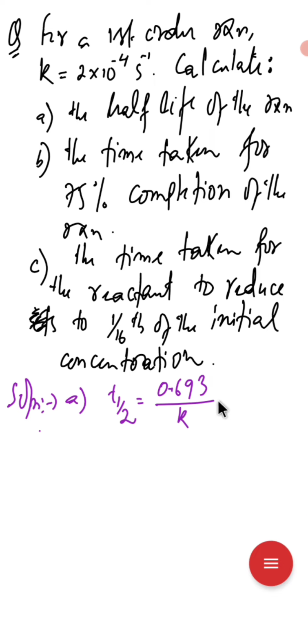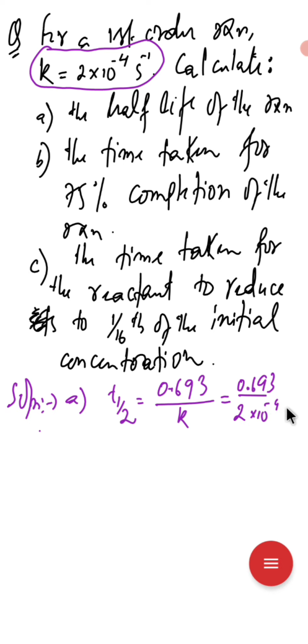So we know the value of k, which is given in the question. This is 2 into 10 power minus 4. So I can easily substitute this value. 0.693 divided by k, means 2 into 10 to the power minus 4 per second, right? So the unit of half-life will be second.